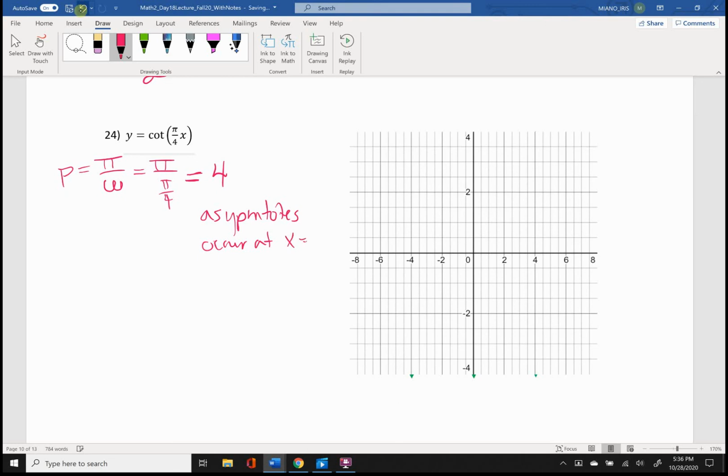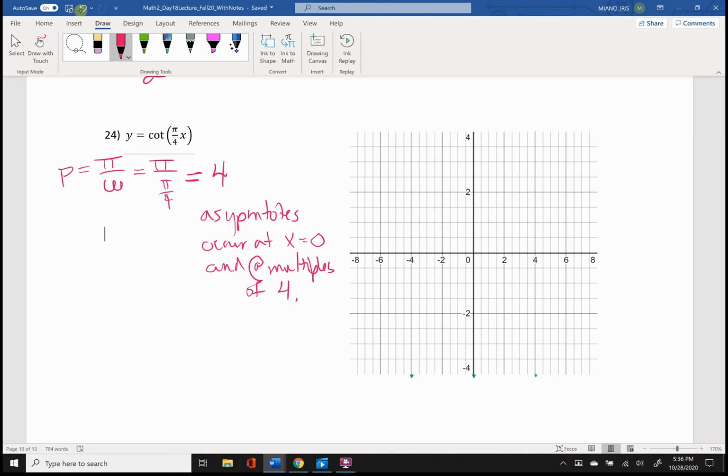The asymptotes are at x equals 0, aka the y-axis, and at multiples of 4. So we'll keep that in mind. Now let's get at least a few points plotted.